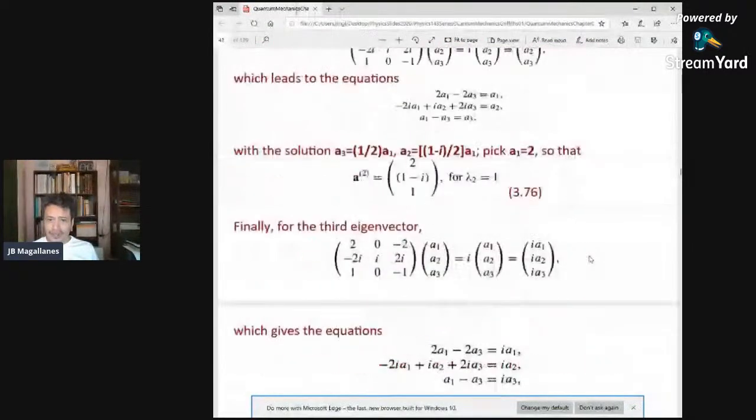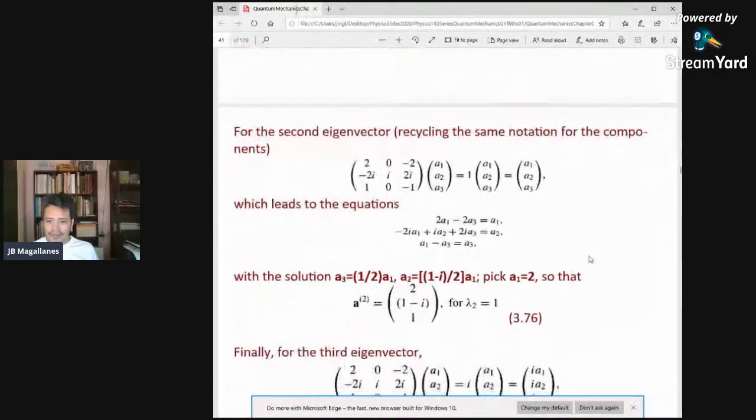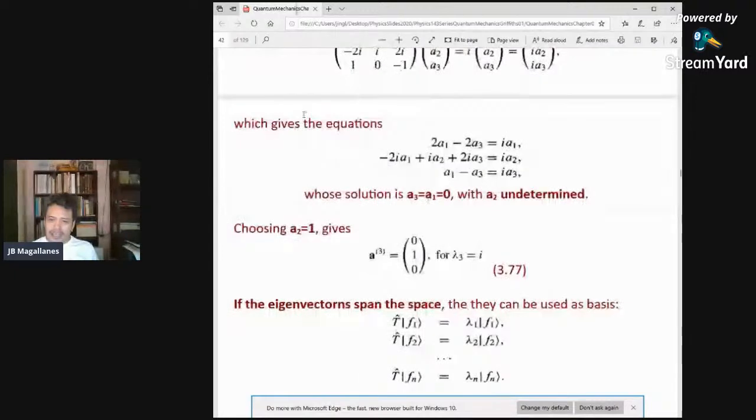You have the matrix 2, 0, 2, 2i, 2i, 1, 0, negative 1 times the eigenvector for the third eigenvalue. The third eigenvalue is i, so if you multiply i to a1, a2, a3, you will have i a1, i a2, and i a3. And this will give you, wait for a while.